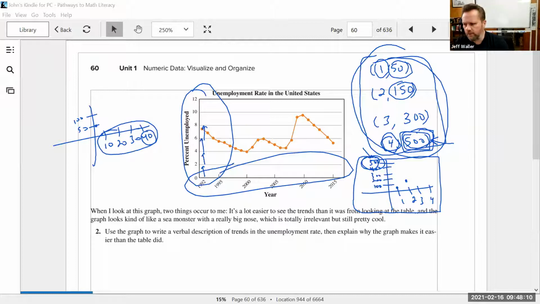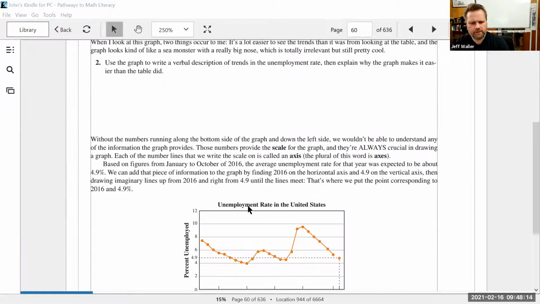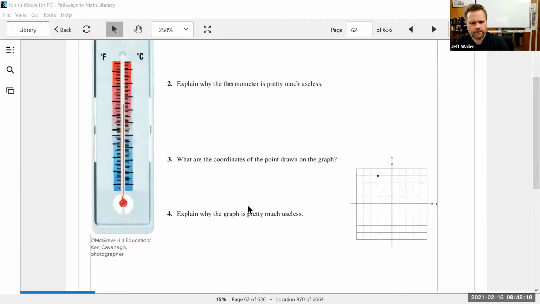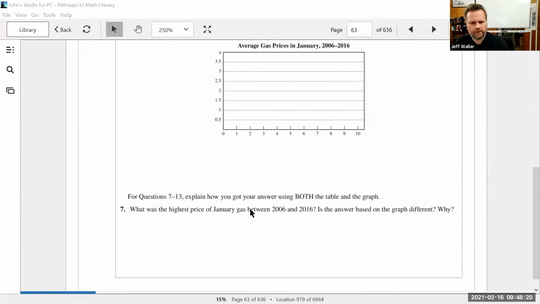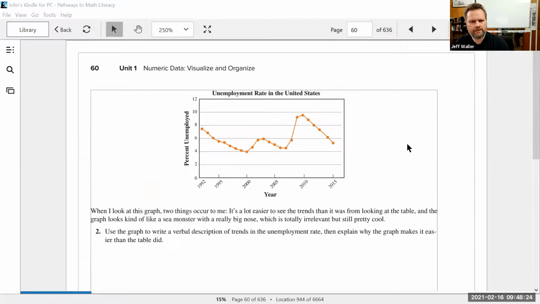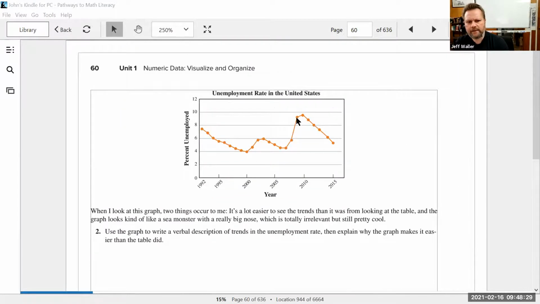I think they get it. Wait, do they do this later? I'm sorry, I erased that too quickly. I think they do, I can't remember. But if I wanted to make this look less dramatic, I could just go up higher.